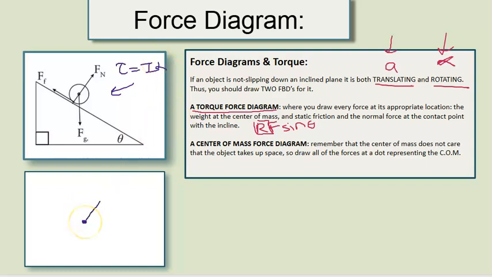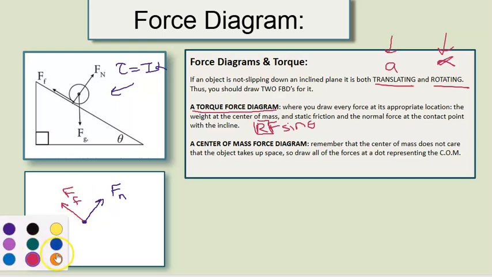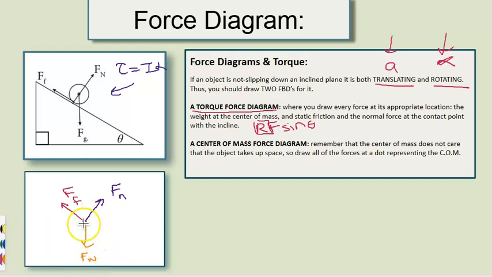But what you might want to do is say, you know what, the center of mass thinks it's the center of the universe. So I'm going to draw all of the forces as if they are acting on the center of mass. And then remind myself that it is accelerating parallel to the incline. So I'm not going to break down the normal.